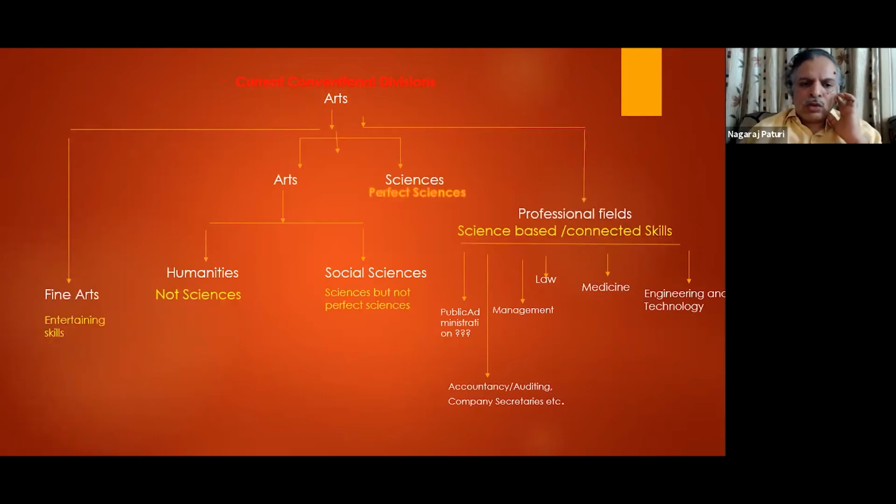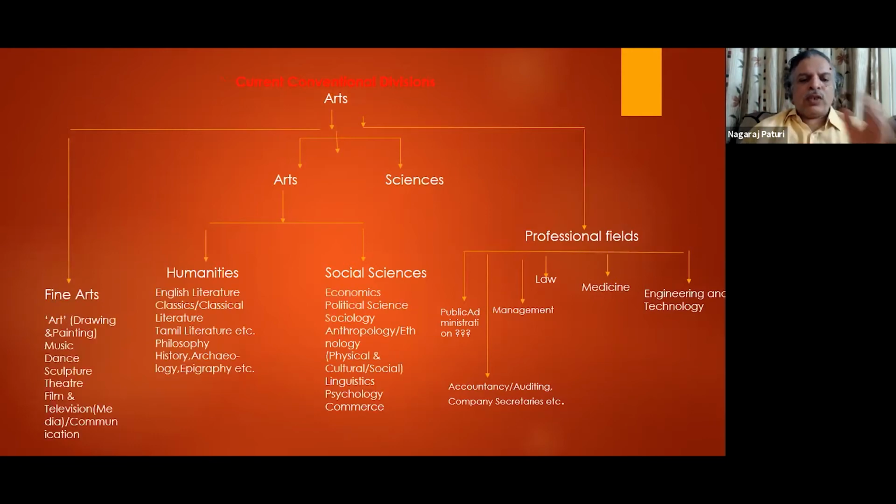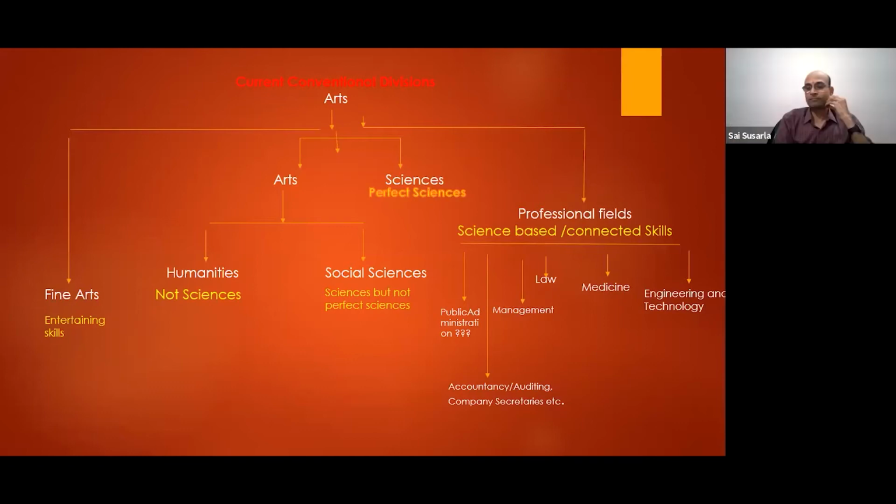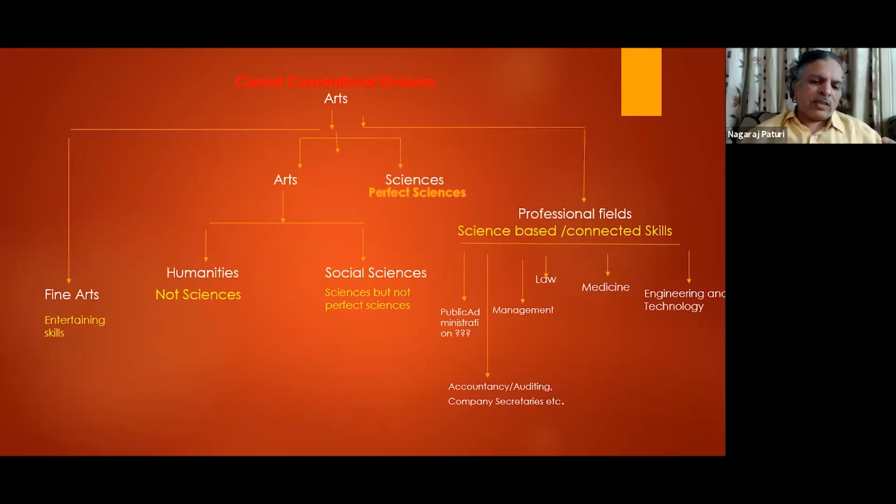With a low self-esteem, these fields like humanities, fine arts, and social sciences compare themselves to the perfect sciences, physics, chemistry, botany, zoology, which claim themselves to be perfect sciences.